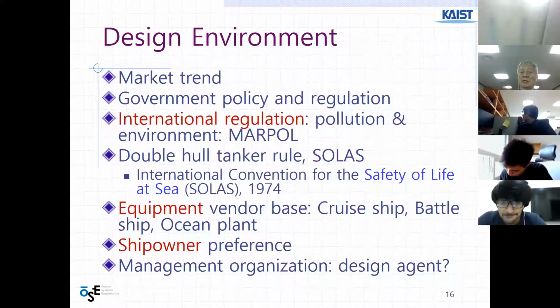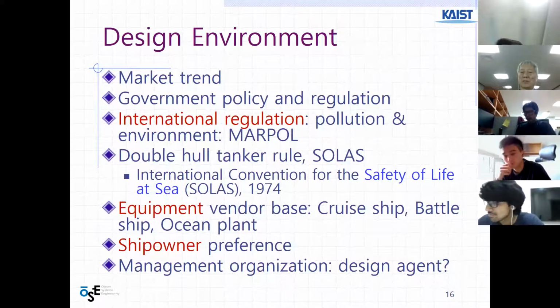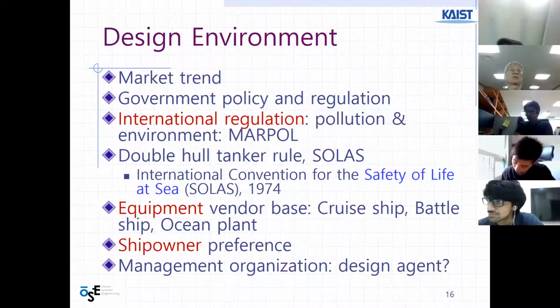So 70 years ago it happened, but this is a revised version. At this moment, the 74 version is the current version of SOLAS. The first version was made around 1915, because the accident was in the early 1900s.